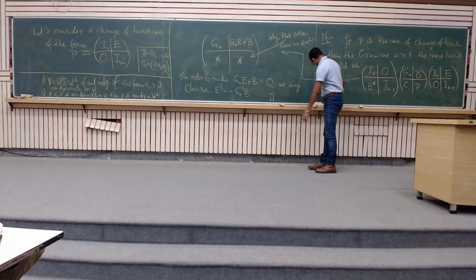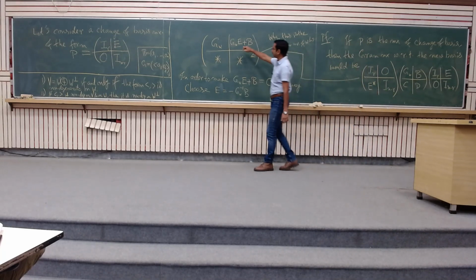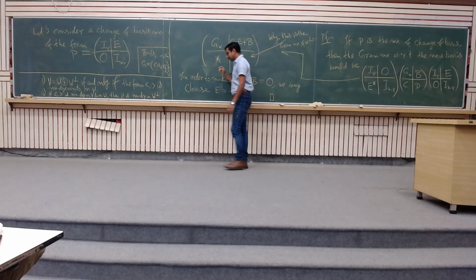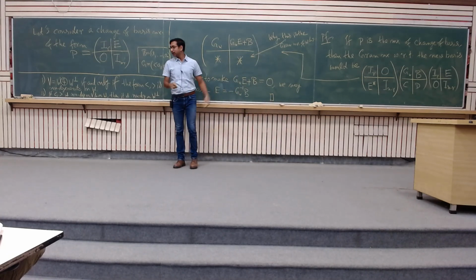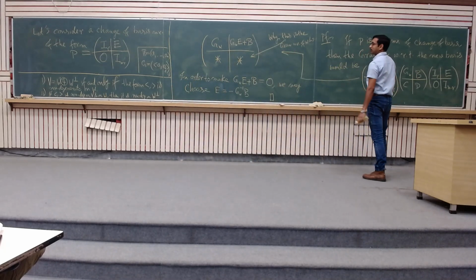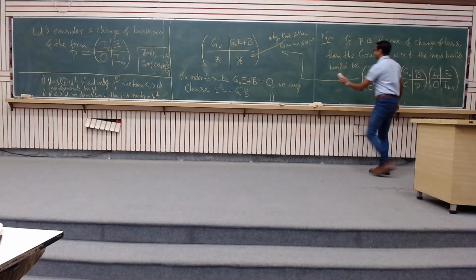Okay. Yes, sure. So that part is 0. At least this can be made 0. That's clear to you, right? Now, what we require to show. All right, let's clear up this part and explain this.